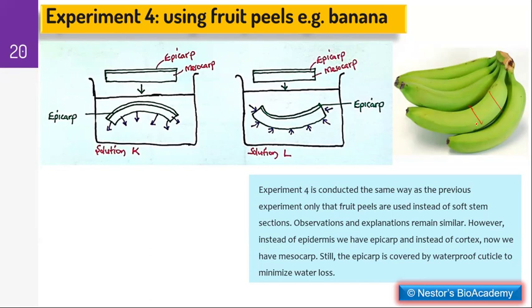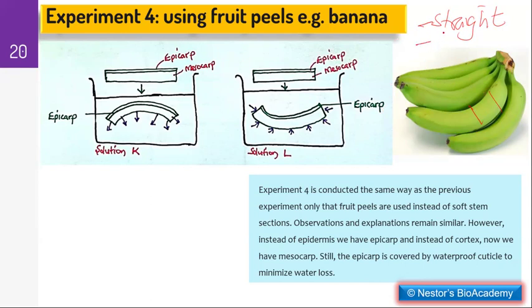One precaution always with this experiment is that you need to always identify the part of the peel that is appearing to be straight. If you cut out a piece of the peel that already has some curvature, then your observations are going to be compromised.